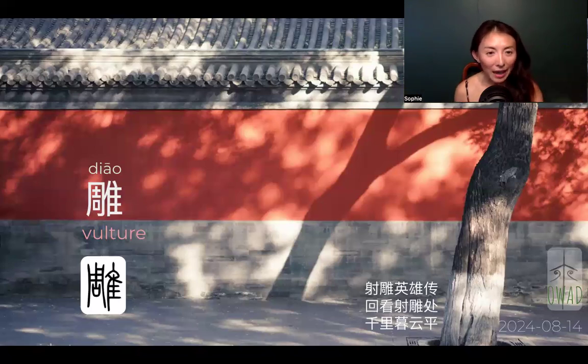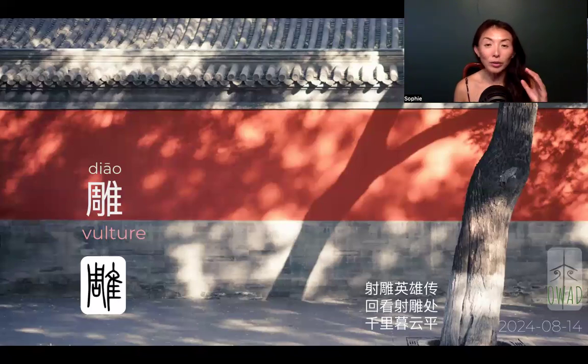But this character is embedded in there, associated with such heroic behavior and storytelling. So even if both Ying and Diao are big predatory birds, because of 英, eagle is associated with American culture, American aggressiveness in the storytelling of the current regime.